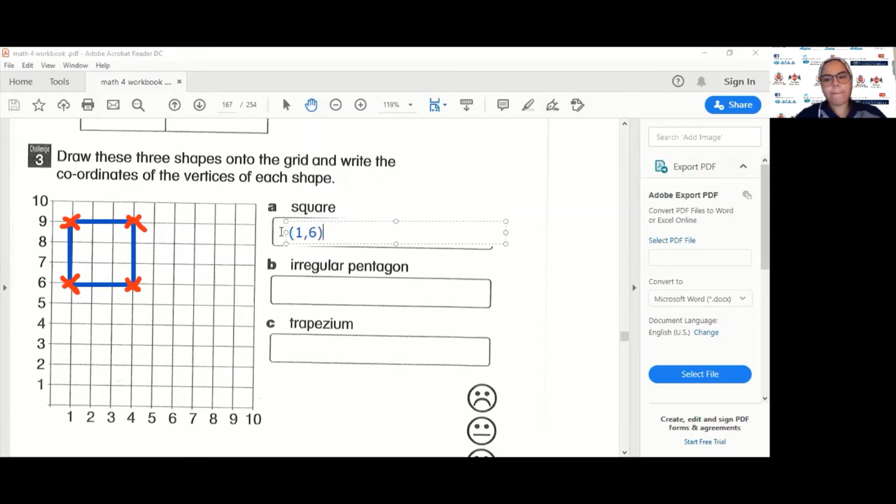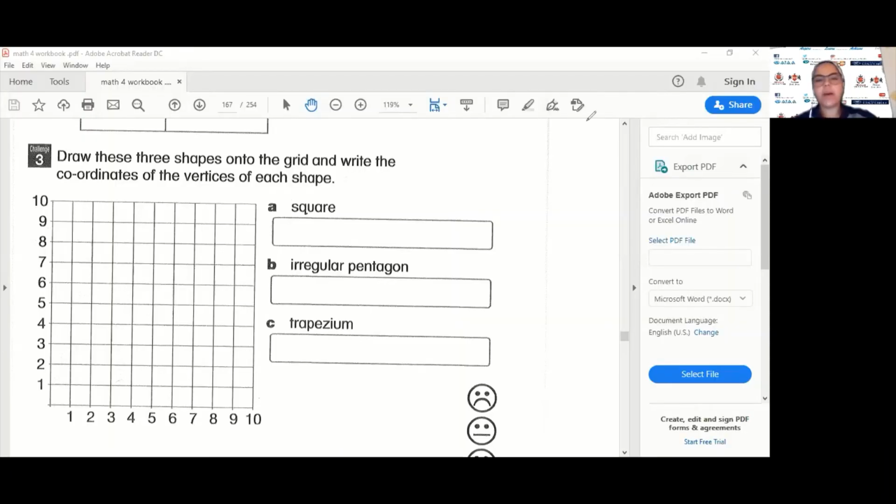What else? 4 and 6, yes. And 4 and 9. 4 and 9, perfect. So it's easy and clear, ya Zena. The last one is 1 and 9. How did you find the question? Is it easy?